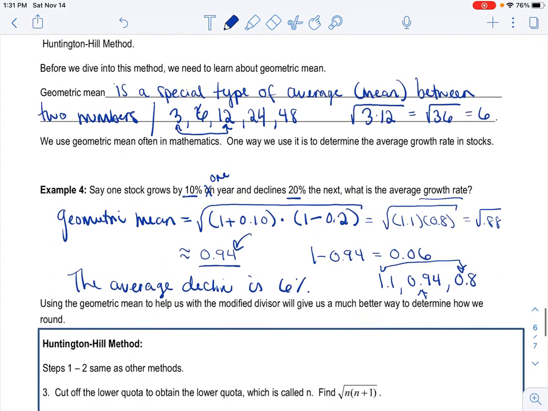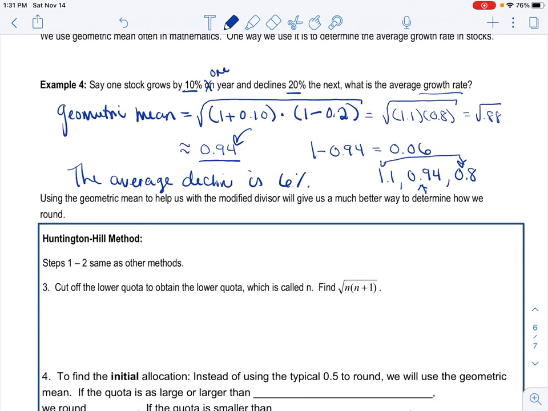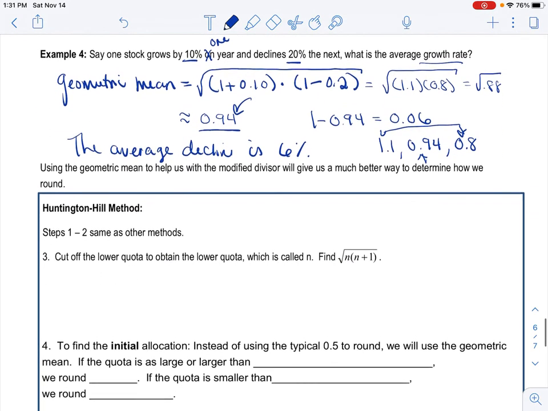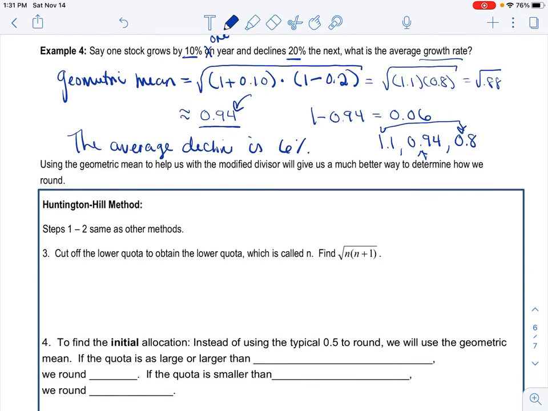How we would use this in the context of our class is Huntington-Hill. We are going to do the same thing as before: find the total population, find the divisor, and then find all the quotas. The difference is now we are going to cut off the decimal to obtain the lower quota, which is called N. Now this right here is the geometric mean.